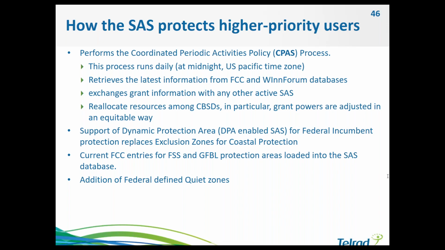They exchange information from each SAS and make calculations in order to adjust their allocations in order to protect what they want to protect. Basically, they want to protect the incumbents, the tier one. One of the main incumbents is all the military transmissions. So this is the high priority that they want to protect.